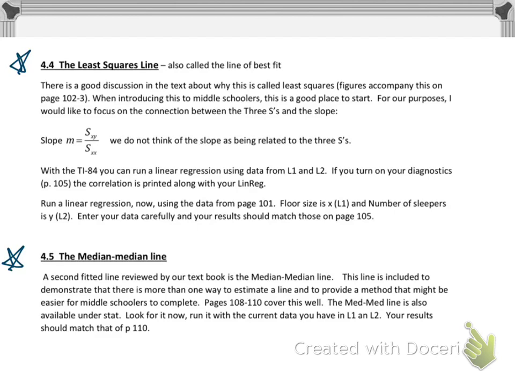So if you put your data into L1 and L2, you can get your least squares line and you can get your median line. Okay, your least squares line in terms of running it, let's look where that is exactly. I'm going into stat, I'm going into calc. So do you see you have a LinReg?